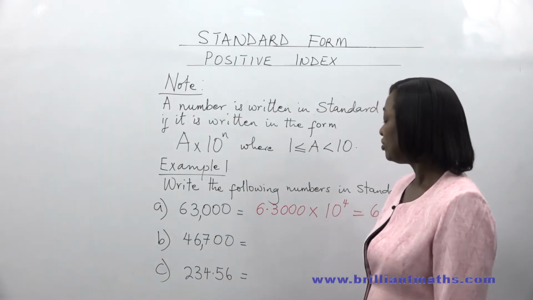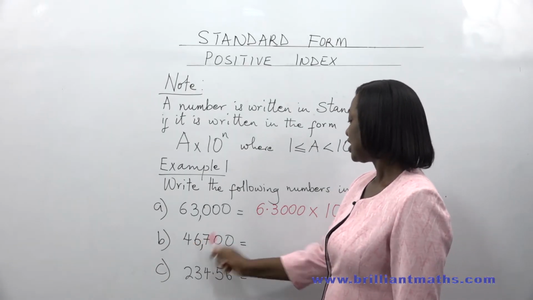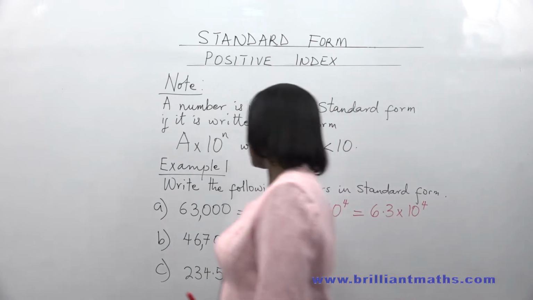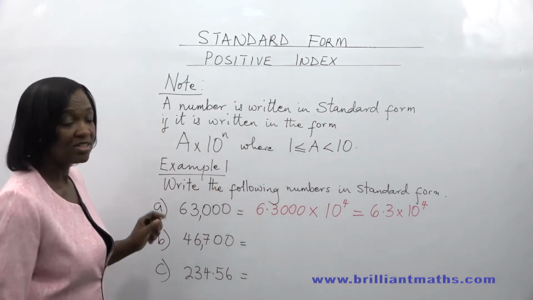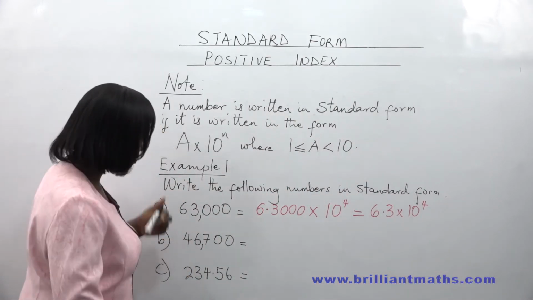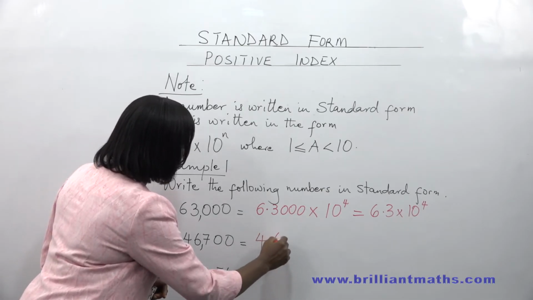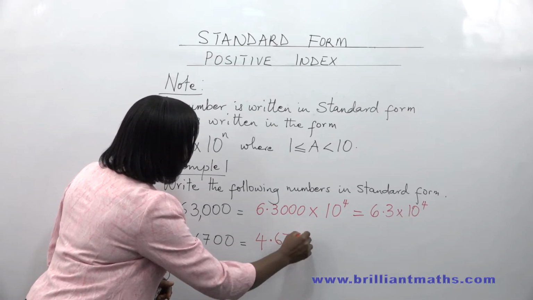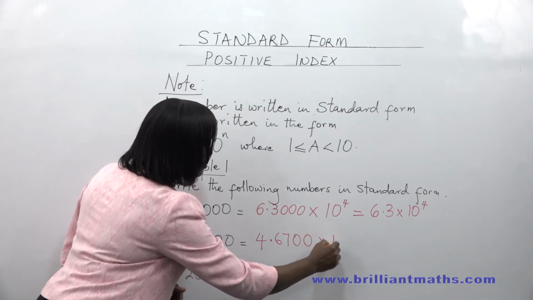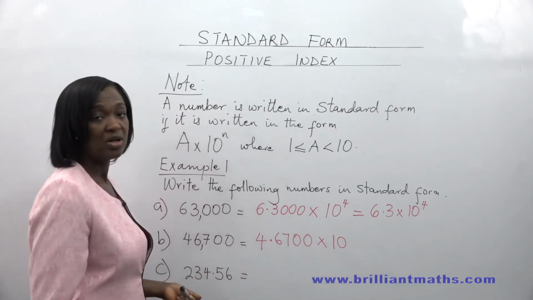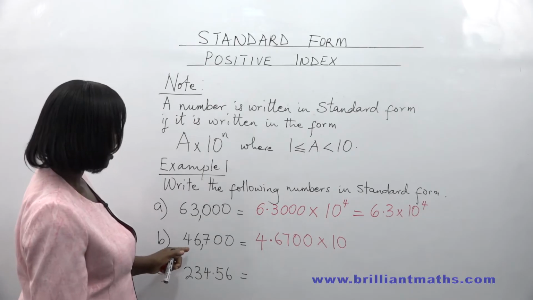The next example is 46,700. So we want to write 46,700 in standard form. It has to be in the form 4.6700 times 10 to the power what? What power of 10?